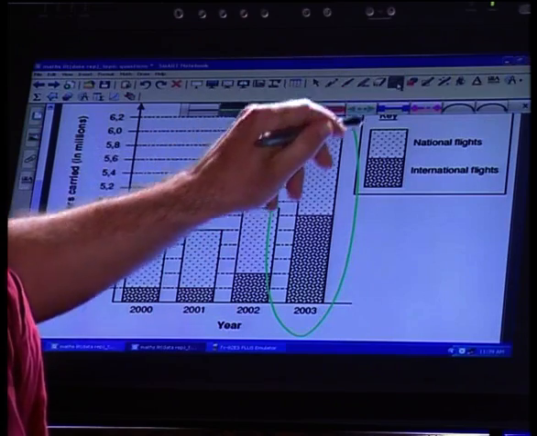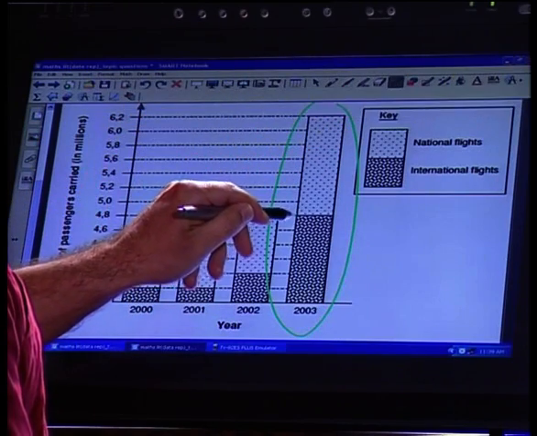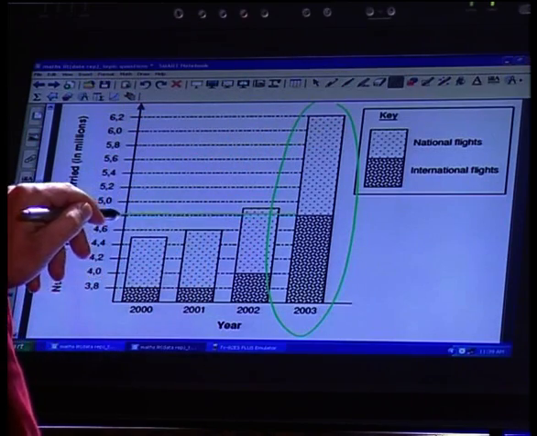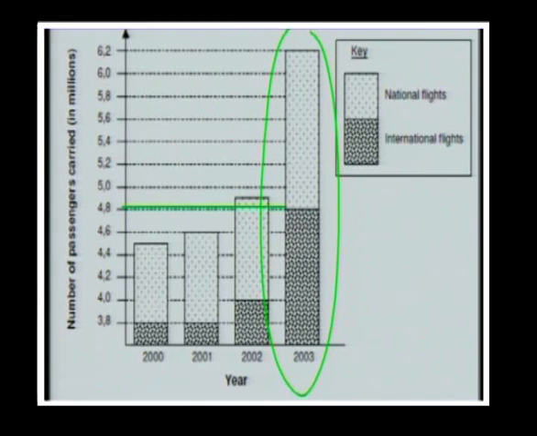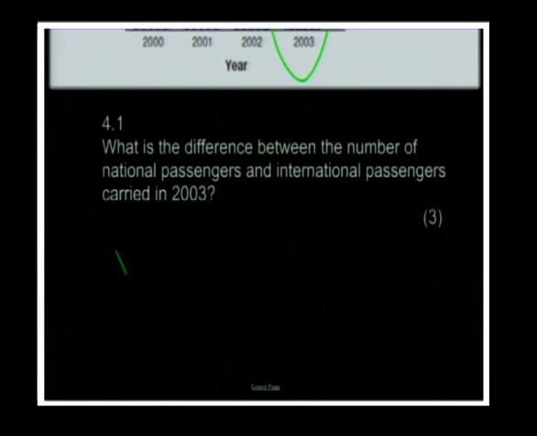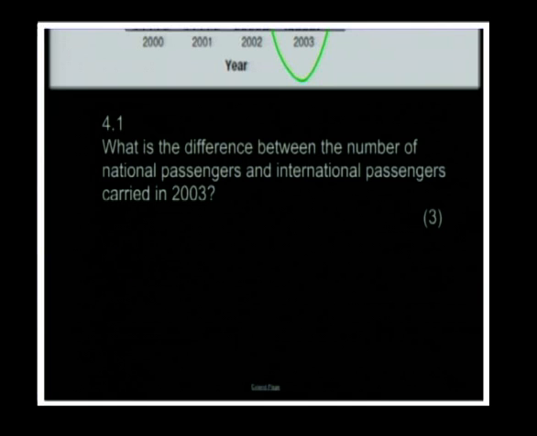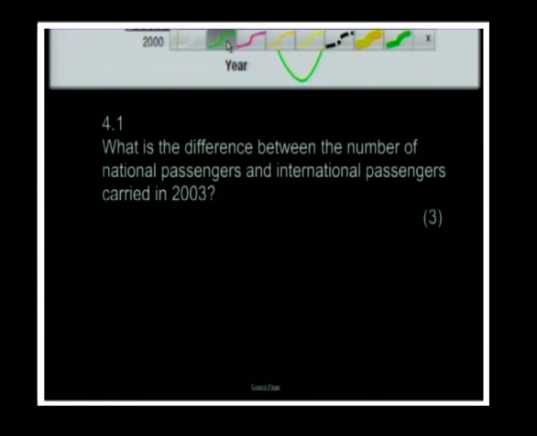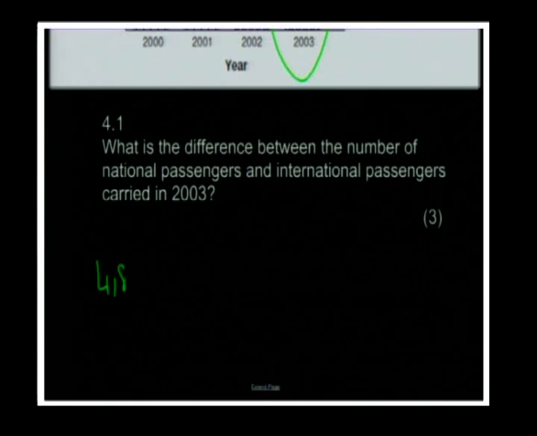Well, having a look over here, if I take a line from there all the way through, this is 4.8, and remember, it's 4.8 million because they said it is in millions. So we've got 4.8 million international passengers. Let's just erase that quickly and use our pen. 4.8 million.